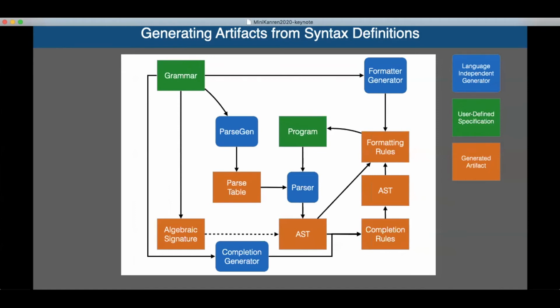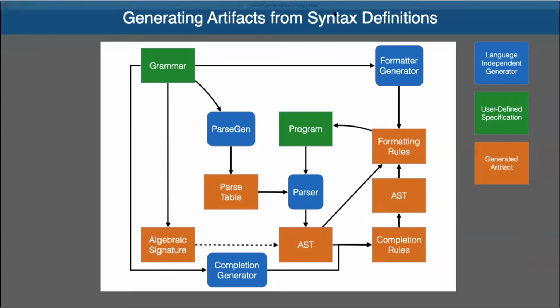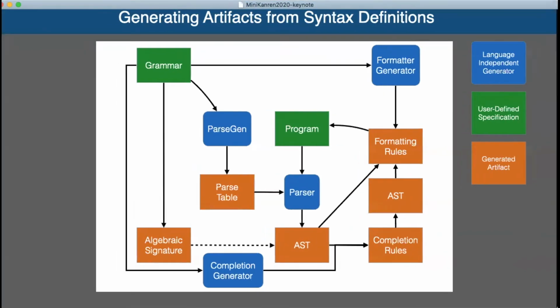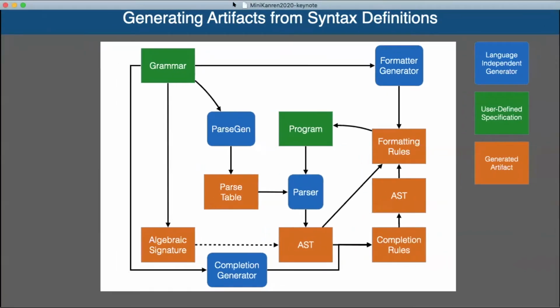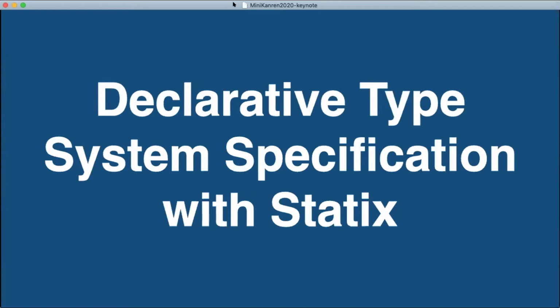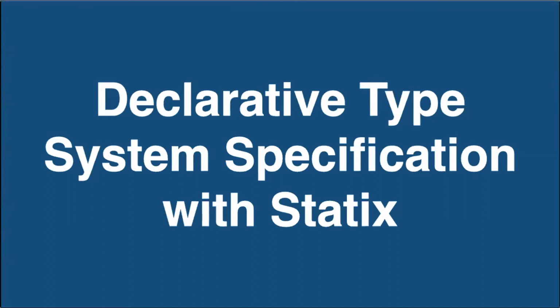All right. If there are no other questions about SDF, I will go on to the next chapter, which is static semantics. For static semantics, we apply a similar declarative approach, and I'd like to talk about that.